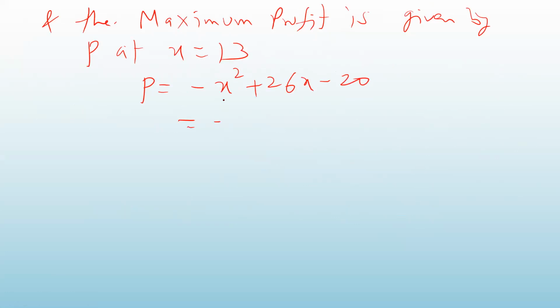So in this formula, put x is equal to 13. So minus 13 square plus 26 into 13 minus 20. So 13 square is 169, and 26 into 13, how much? Use the calculator to solve this.